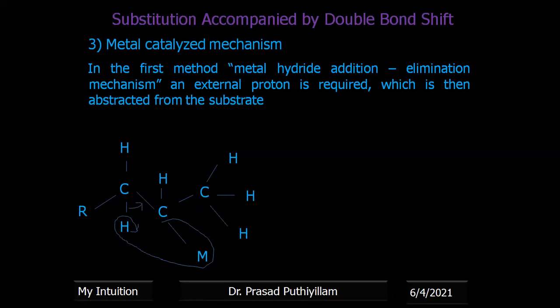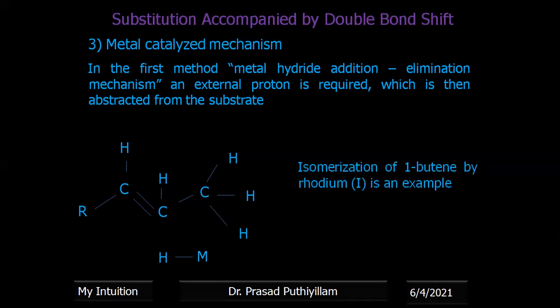So the movement of electrons takes place as given by the arrowheads, and we will get the product, which is the elimination mechanism. Therefore, in the metal hydride addition elimination mechanism, a double bond shift takes place. So again, it is a general representation. I have not given the true reaction here, only the possible mechanism is given.